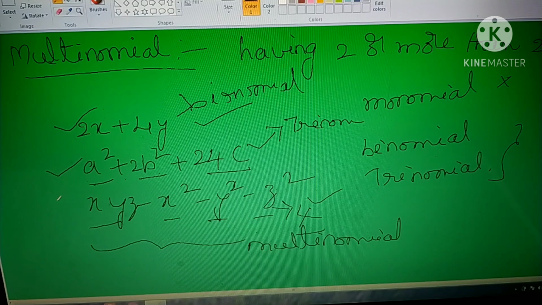Trinomial also will come under multinomial, having two or more than two terms. An algebraic expression having two or more than two terms is called a multinomial. So like that, expressions with more than two terms all come under multinomial only. Okay.